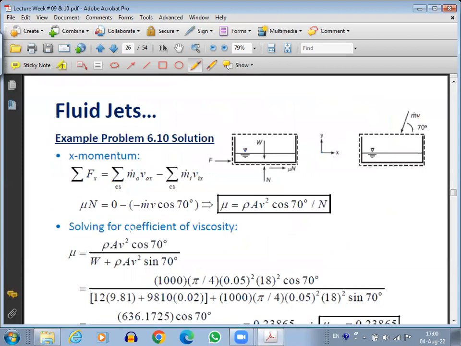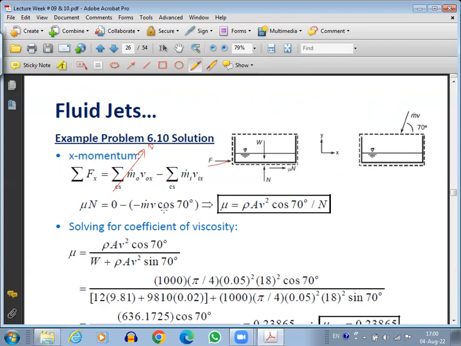Then we can write the equation for the x momentum. Summation of forces in the x direction will be equal to all the momentum of the fluid going out of the control volume, the x component of those momentum, minus the ones going into the control volume. There is nothing going out of the control volume, so this term will again be 0. The x component will only have this friction force, which will be equal to mu N, and it will be in the positive direction.